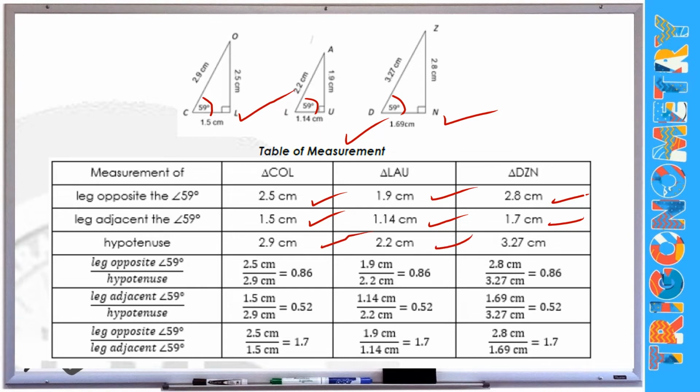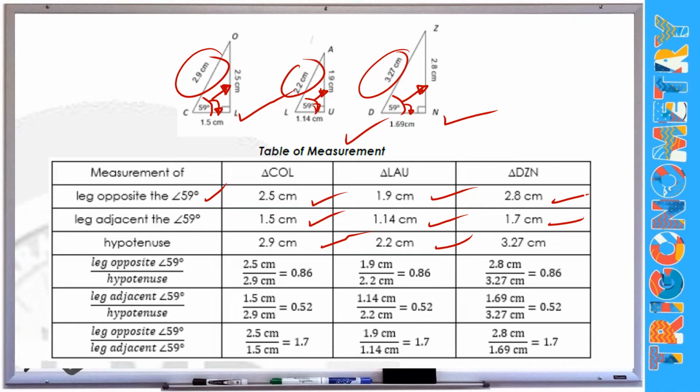Again, your opposite side is always opposite your angle theta, your given angle. Your adjacent is the one beside your given angle. Then your hypotenuse is always the longest side. Now, if we get the ratio of these sides, we will have the ratio of opposite over hypotenuse, adjacent over hypotenuse, and opposite over adjacent.